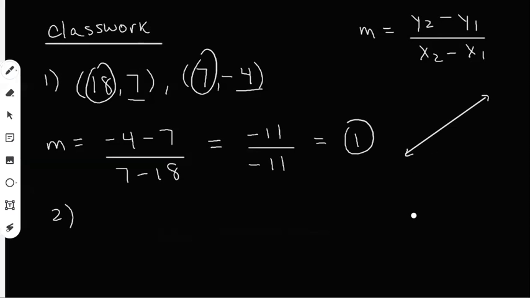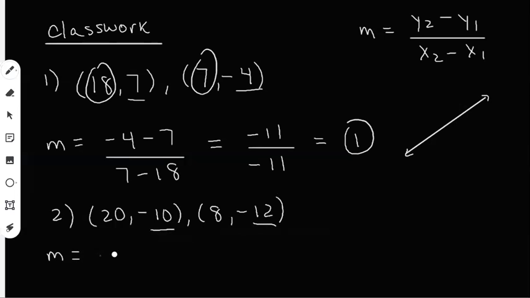Okay, let's do the second one. I've got 20, -10, and I've got 8, -12. So once again, I'm going to underline my y values. So the -12 and the -10.